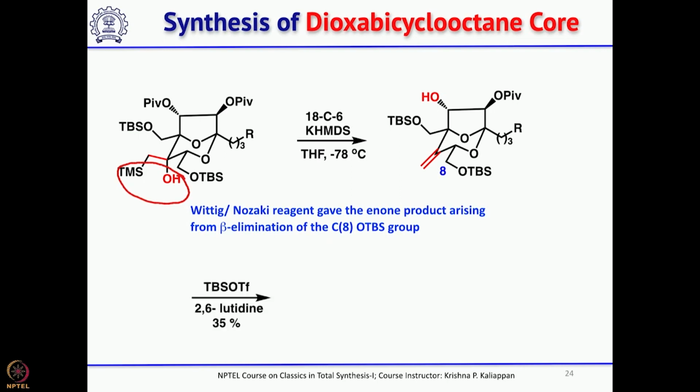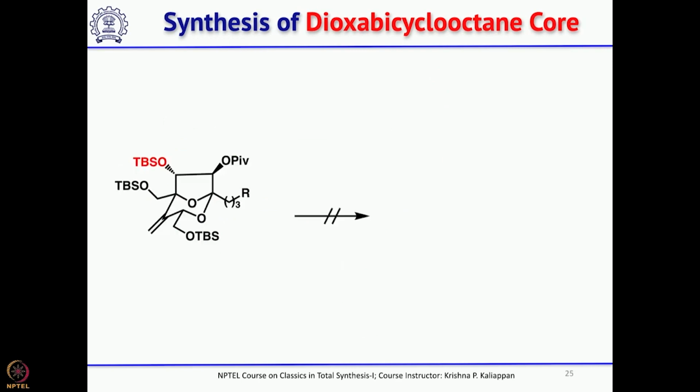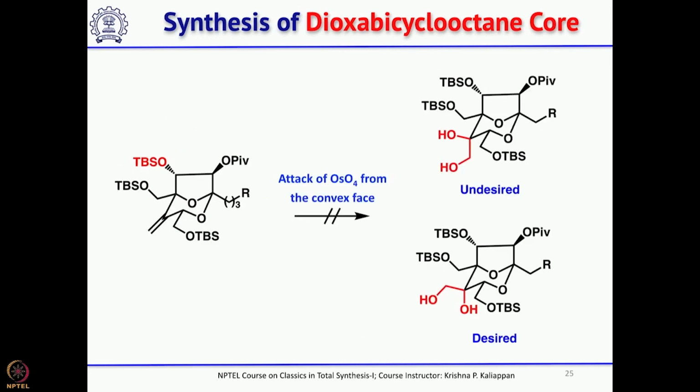Then protect this hydroxyl group. During this Peterson olefination, one of the pivalate esters also got hydrolyzed. So you have this free secondary hydroxyl group which was reprotected as TBS ether. Then he needs to functionalize this exocyclic double bond.